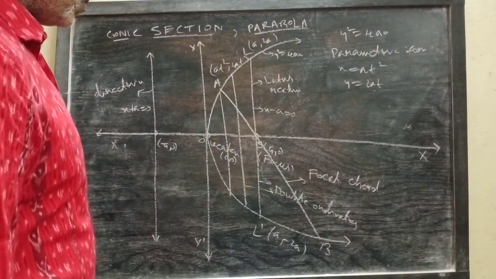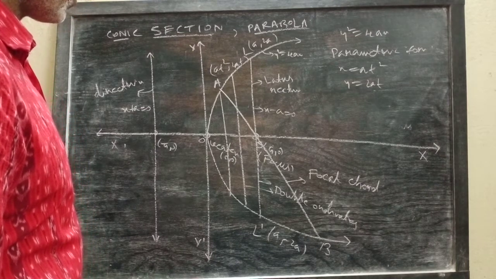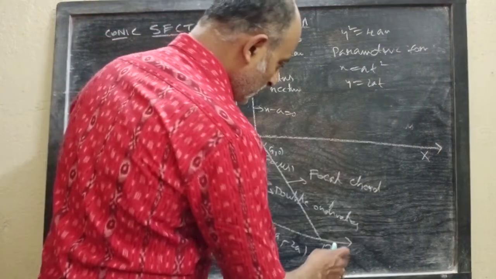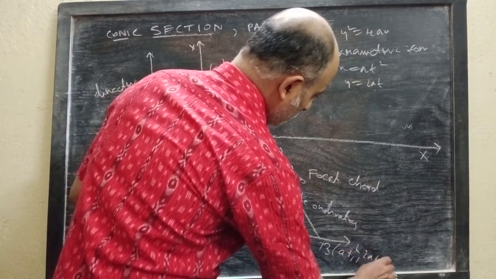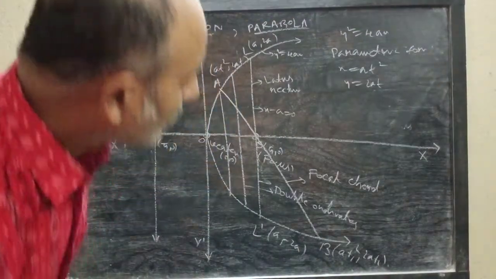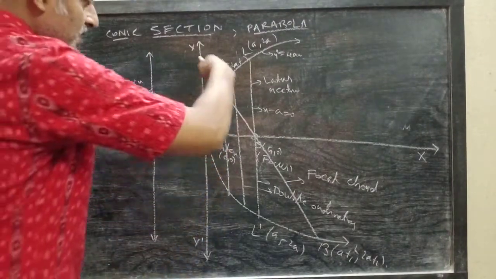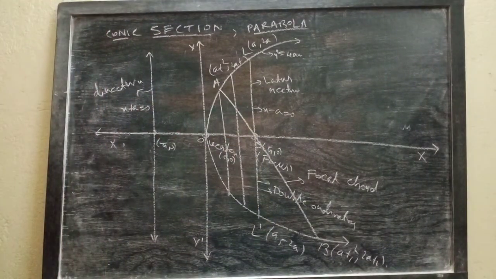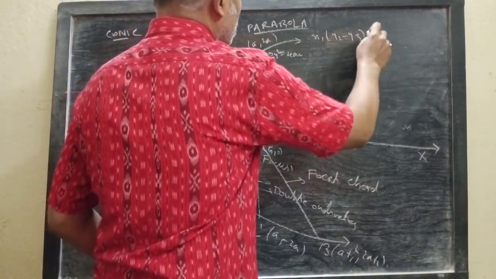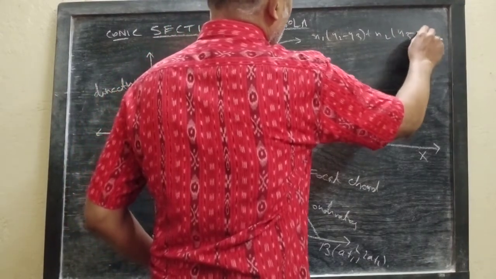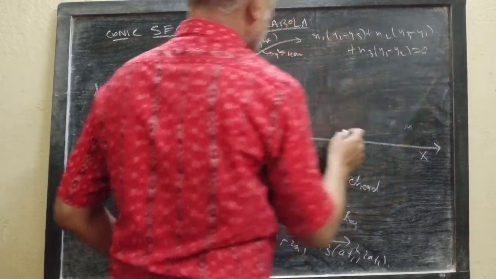Then what will be the coordinates of the point B? Say the coordinates of B are (at1 square, 2at1). Then these three points A, focus and B are collinear, so we can apply the condition of collinearity: x1 into y2 minus y3 plus x2 into y3 minus y1 plus x3 into y1 minus y2 equals 0.